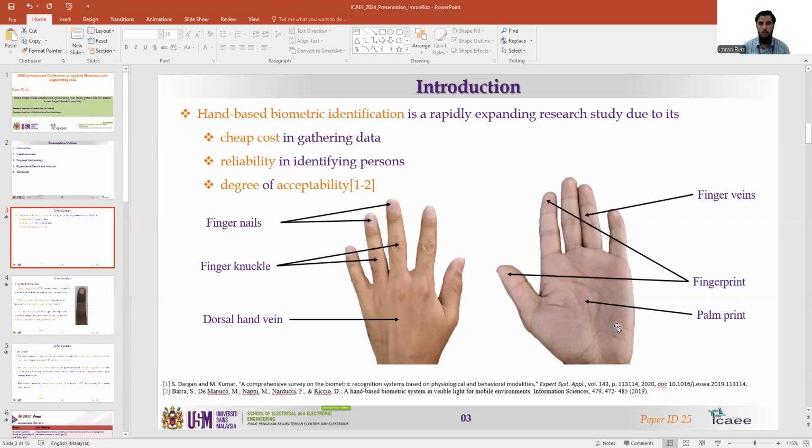The persons who work in submarines, the persons who have skin diseases, cancer patients: there are research studies, which I have mentioned in the references given below, showing that these people face fingerprint recognition failure problems. So they need some alternate biometric traits which are available on the outer surface.